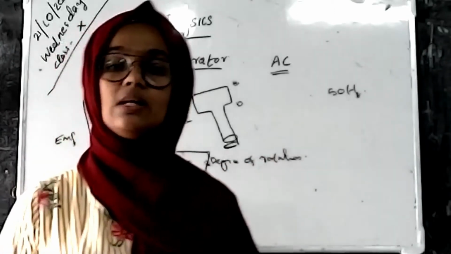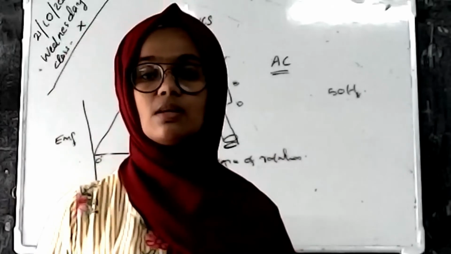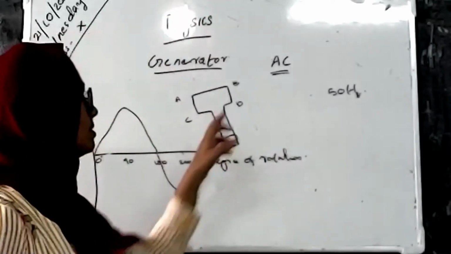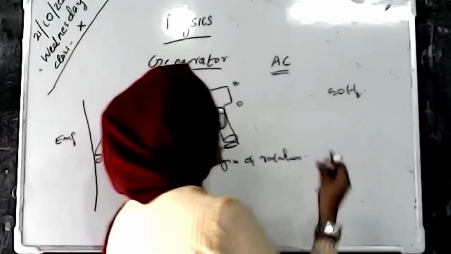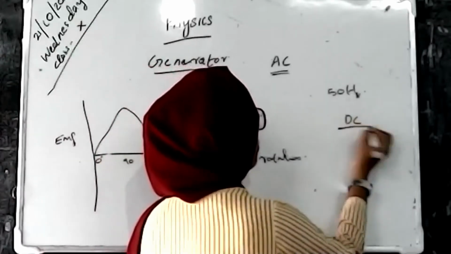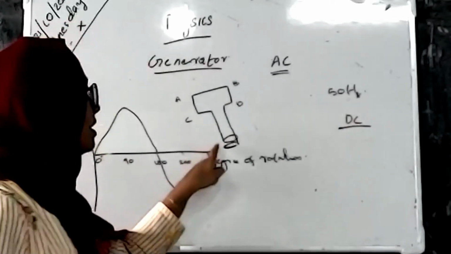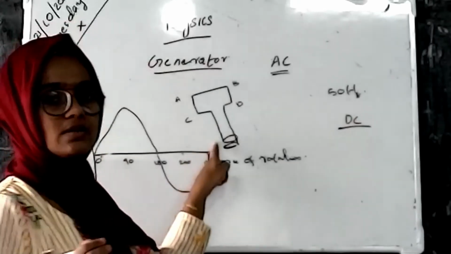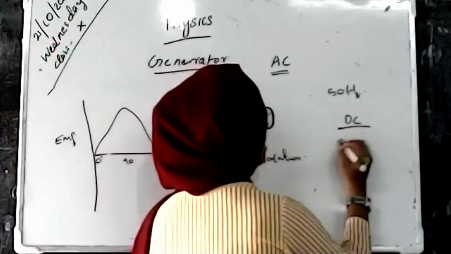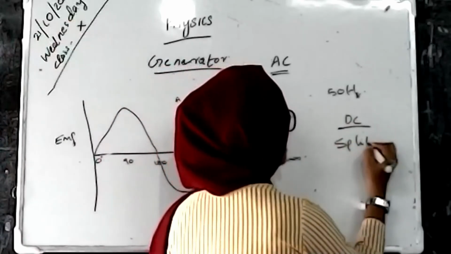And we also have DC generators, like the AC generators. DC generators have only one difference from the AC generator: here we use slip rings, and in a DC generator we use split rings.